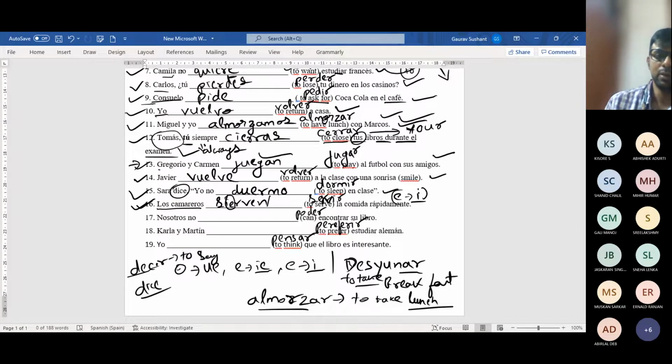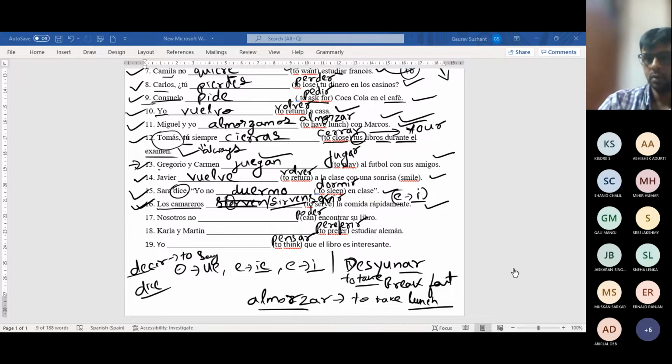So that is why it should be sirven. And can you tell me the meaning also? Serves the food rápidamente, quickly or fast. Okay, thank you.